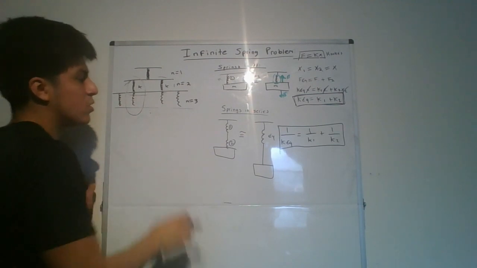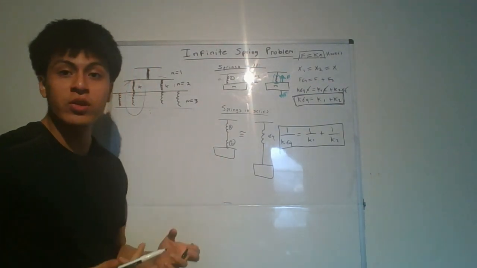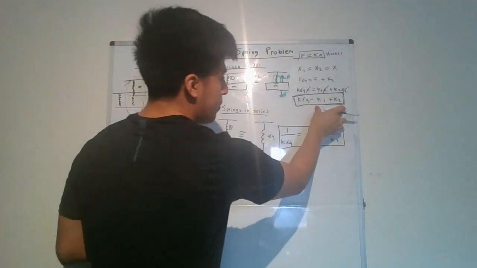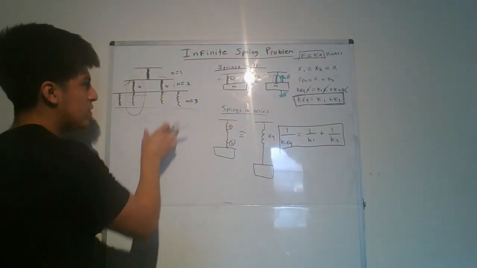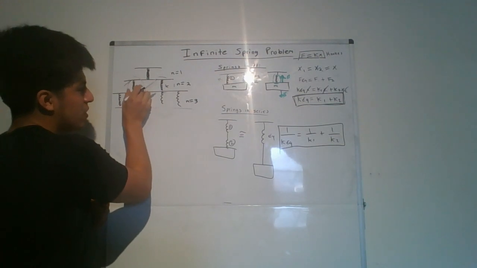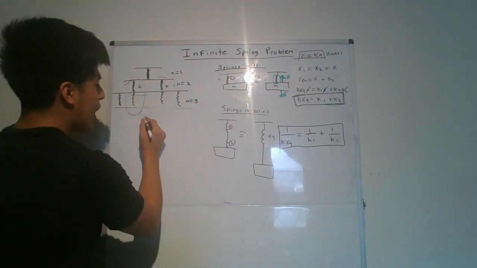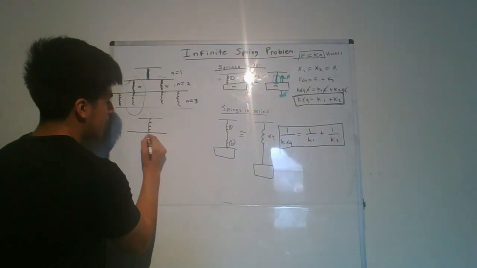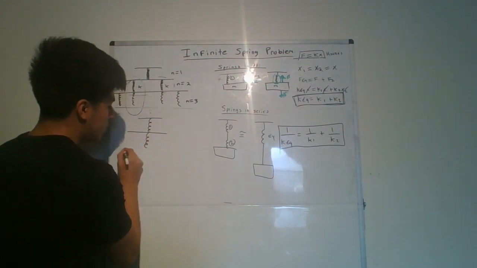Since the constant of the equivalent spring for springs in parallel is equal to a sum, and in this case all the springs have the same constant k, when we simplify our system, we get something a lot easier to deal with.